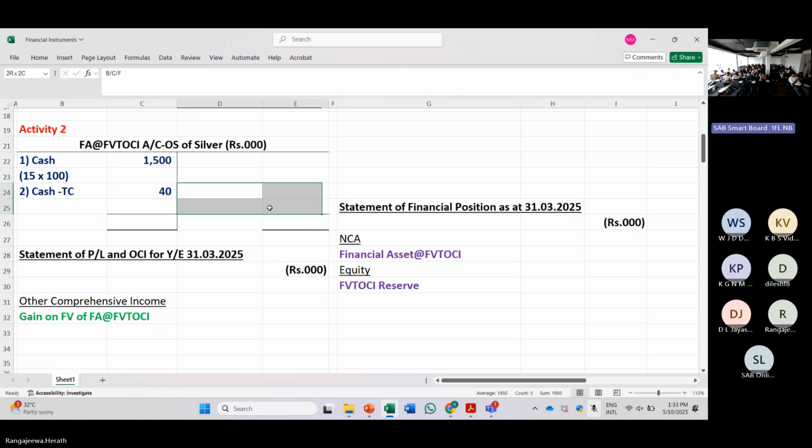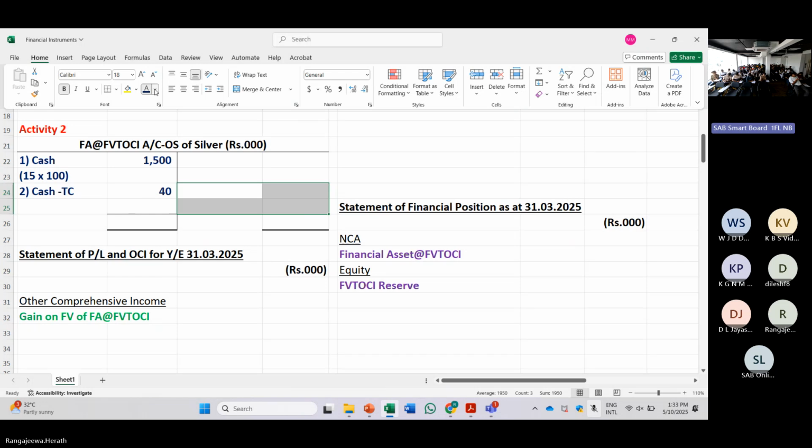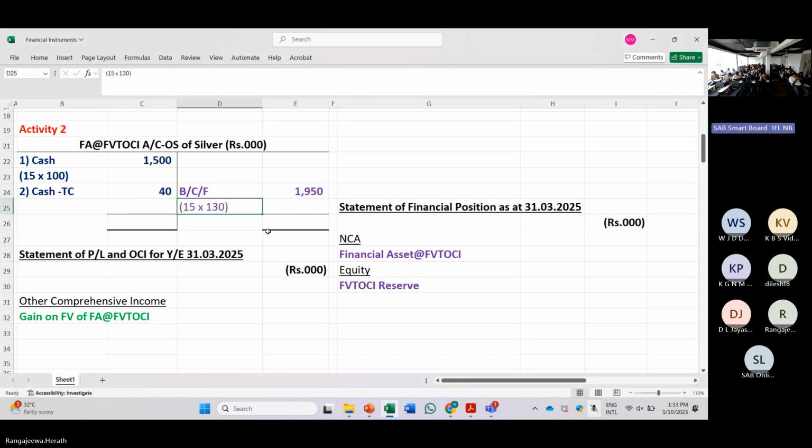Then at the end of the year, the market price of a share becomes 130. So 15,000 into 130, 1,950. Right?